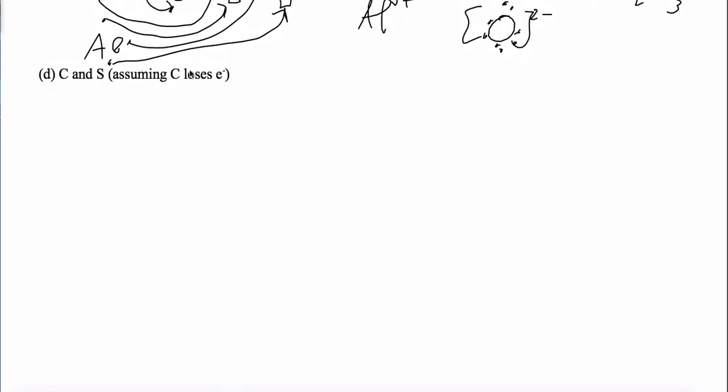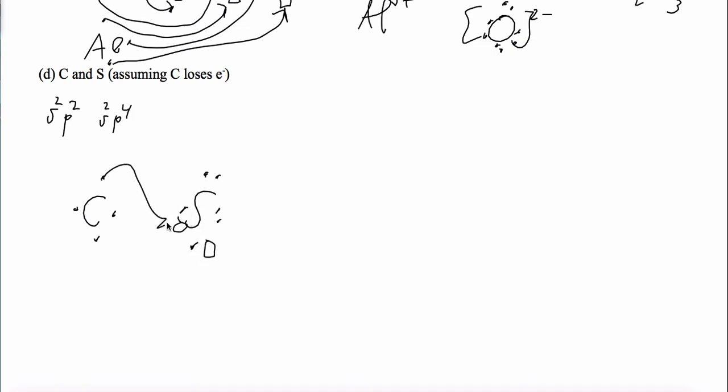Let's look at D. Carbon, we know, ends with s2p2, so it's got 4. And in this case, we're going to assume carbon's going to lose 4 electrons. We know that S ends with s2p4, so it's got 6. So low electronegativity is going to go to the high electronegativity element here.